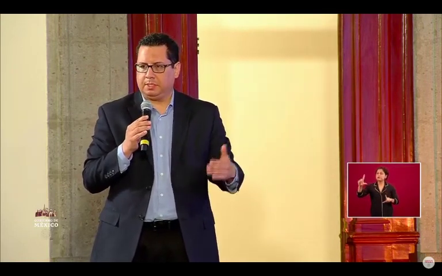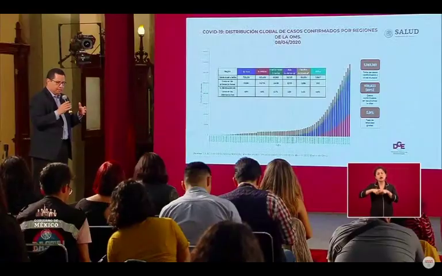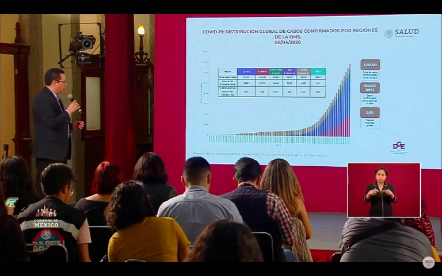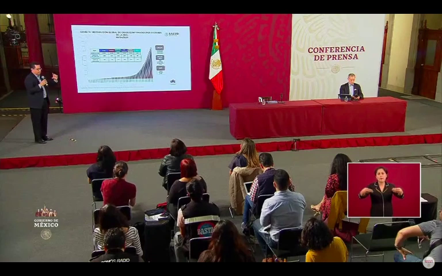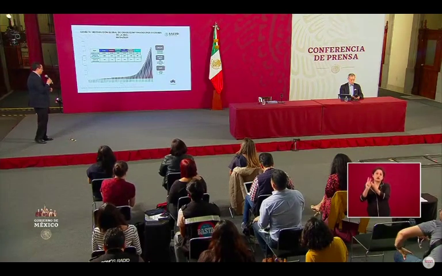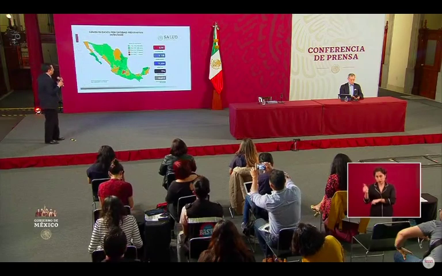And in the case of the Americas, we still see an upward trend that will become the most visibly represented region in the upcoming days, as Europe slowly comes out of the pandemic.